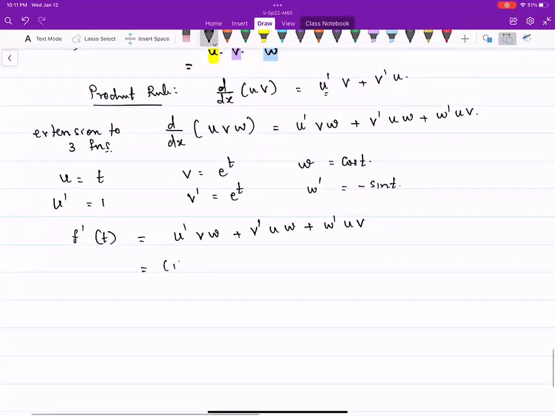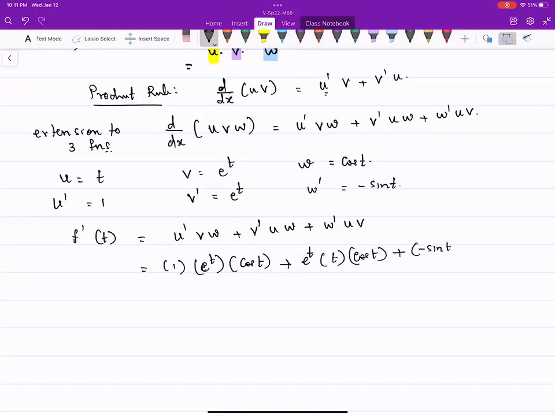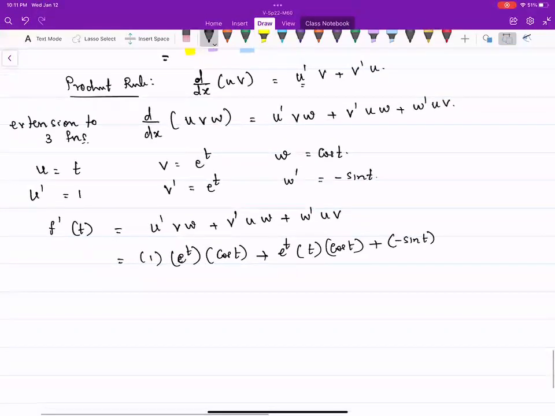So u prime is 1, v is e to the t, w is cosine of t, and v prime is e to the t, u is t, w is cosine t, and w prime is negative sine t, u is t, v is e to the t.